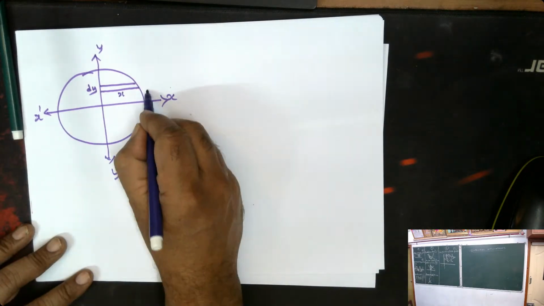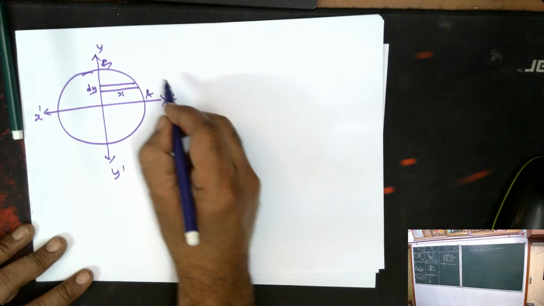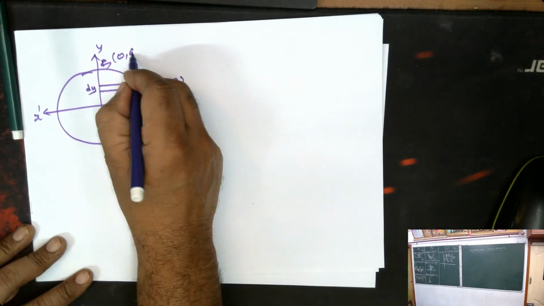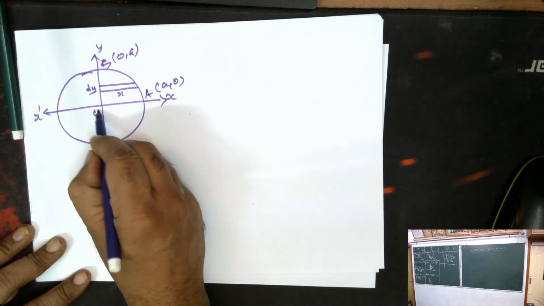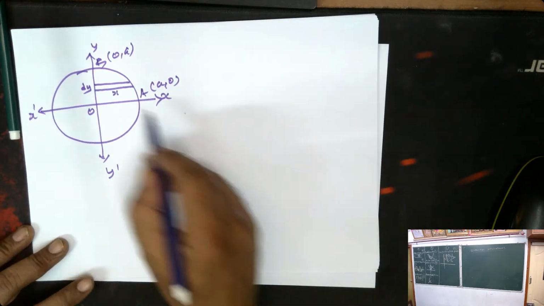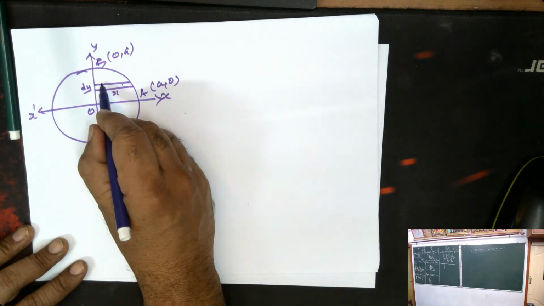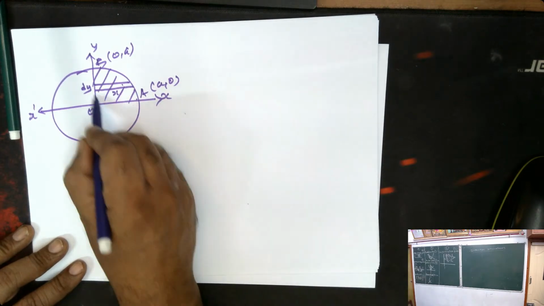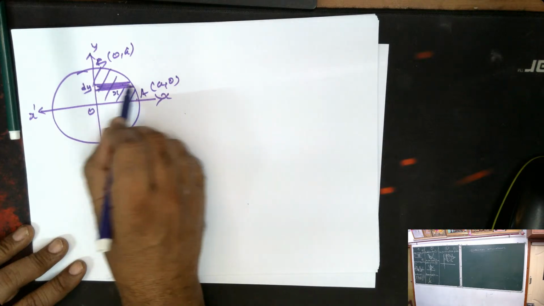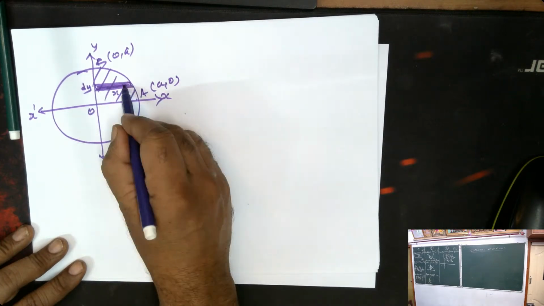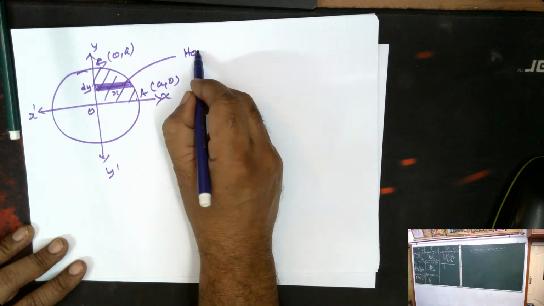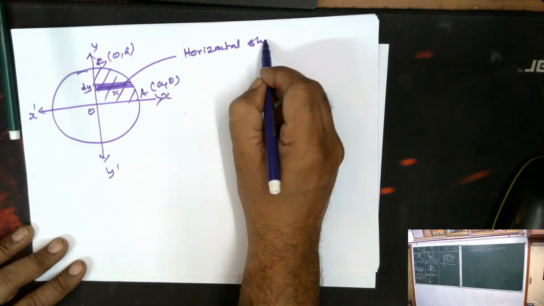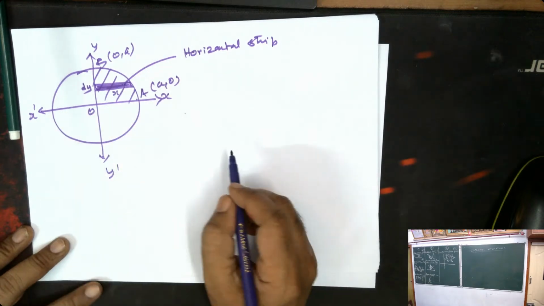And here A, point B. And this is represented as a comma 0. This is represented as 0 comma a. And this is the origin. So let us proceed. Now we have to consider this rectangle, I mean first quadrant, where let me consider this small strip. This is the horizontal strip. Do you understand? Horizontal strip.